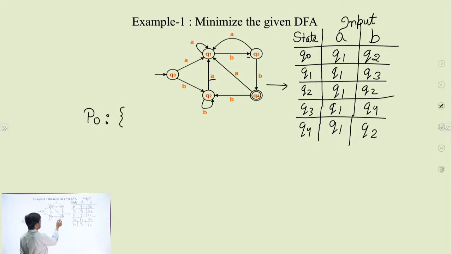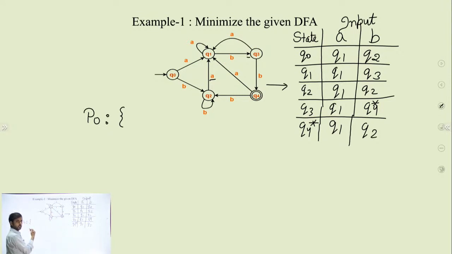This state Q4 is final, so I mark it with a star. This is the final state. Now we divide this set of states into two sets.